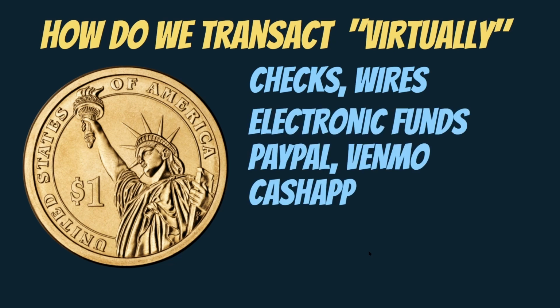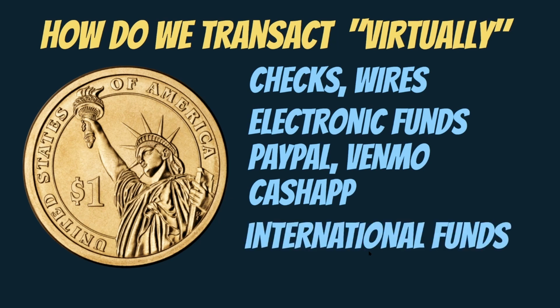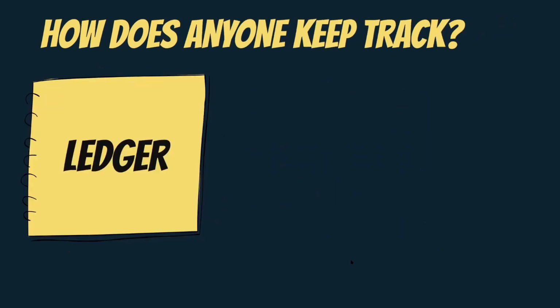Then there's electronic funds like PayPal, Venmo, Cash App, Zelle, different methods of sending money where you're not physically sending the actual cash, right? And then international funds. We're not putting money in an envelope and overnighting it to another country. So we're already used to transacting virtually. And so with cryptocurrency, it's taking similar concepts like this, right?